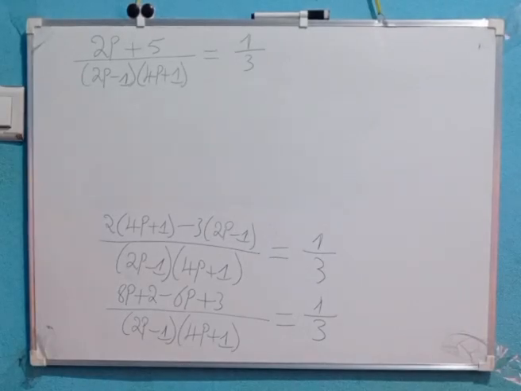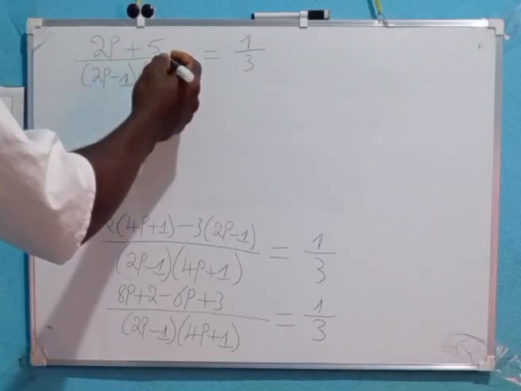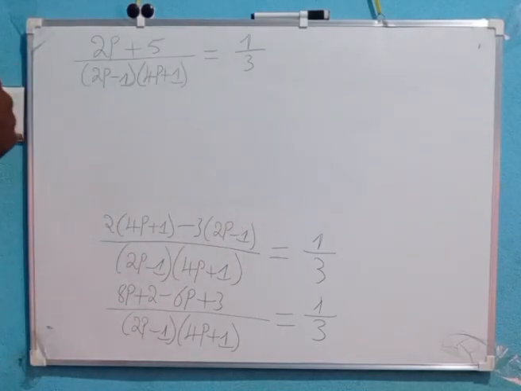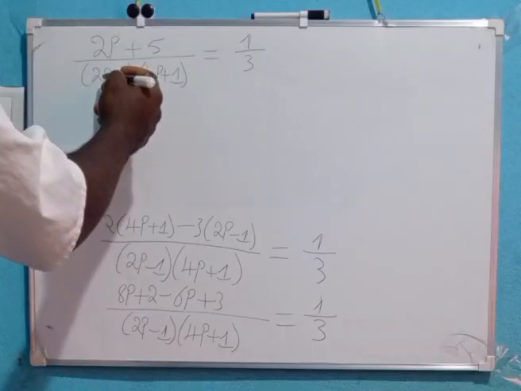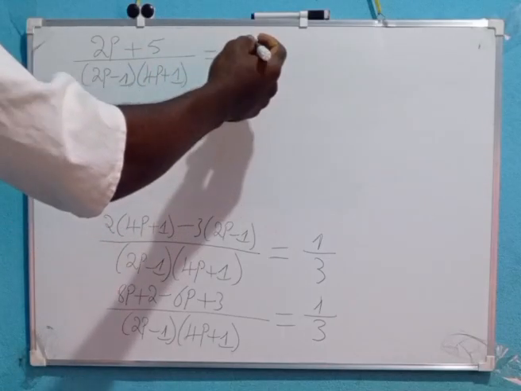Next, what we are going to do is perform cross multiplication. We are going to take 2p plus 5 times 3. Then we equate it to 2p minus 1 times 4p plus 1 times 1.